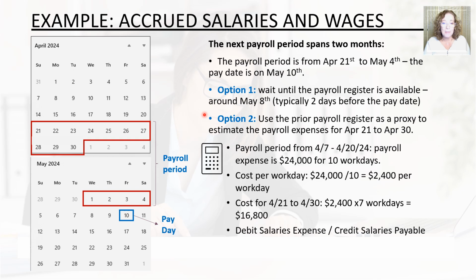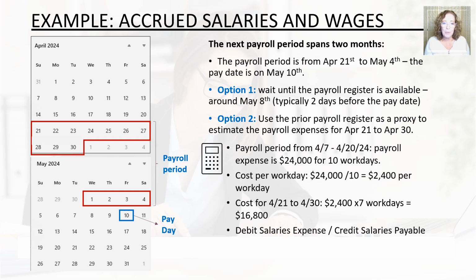For instance, if the prior payroll period had gross wages of $24,000 for 10 workdays, you would accrue for April 21st to April 30th, 2024, $16,800 for 7 workdays. And the entry to accrue for the April wages would be a debit to salaries expense and a credit to salaries payable for $16,800.